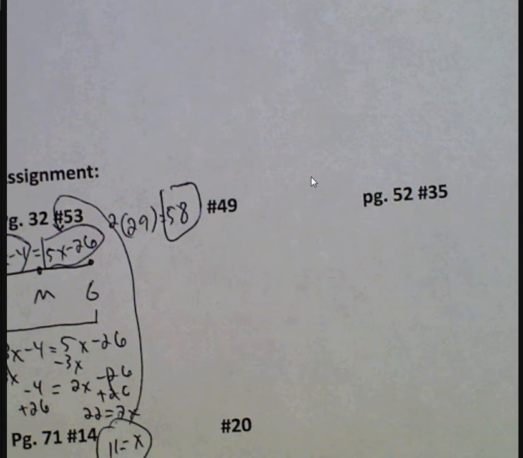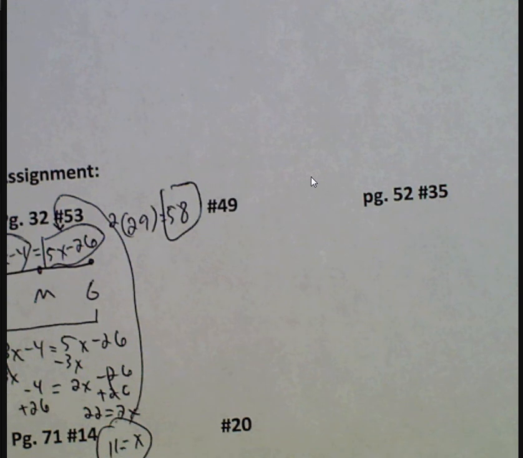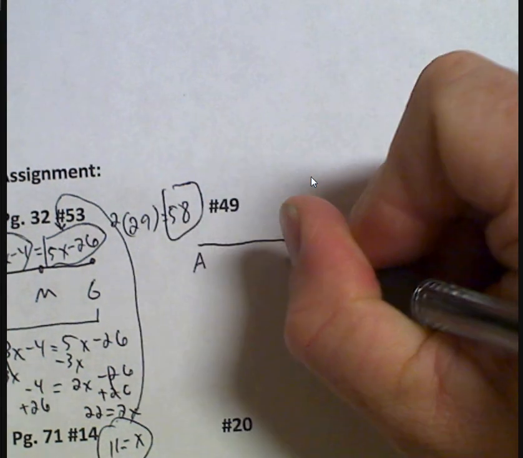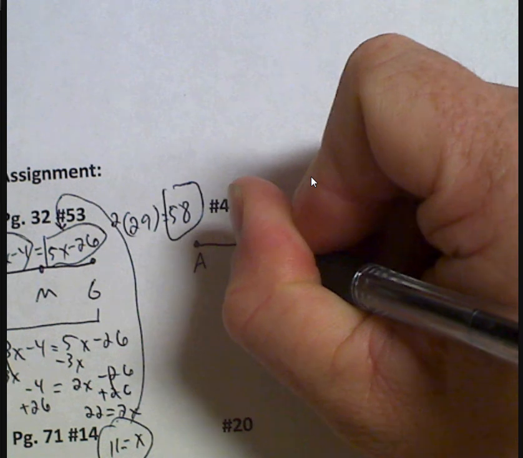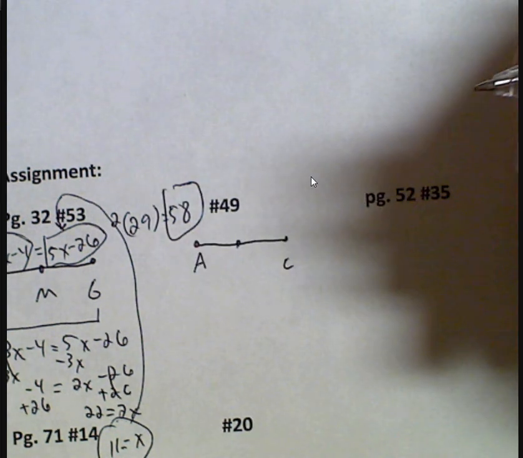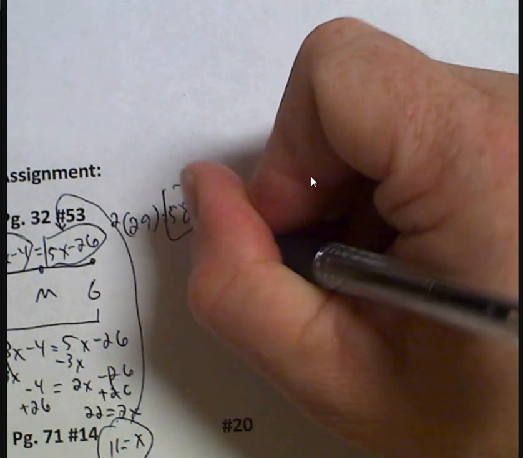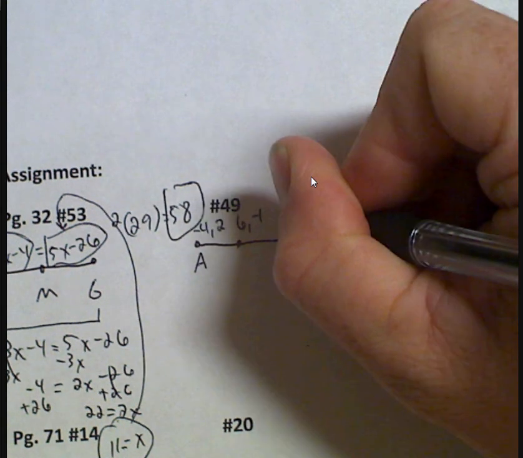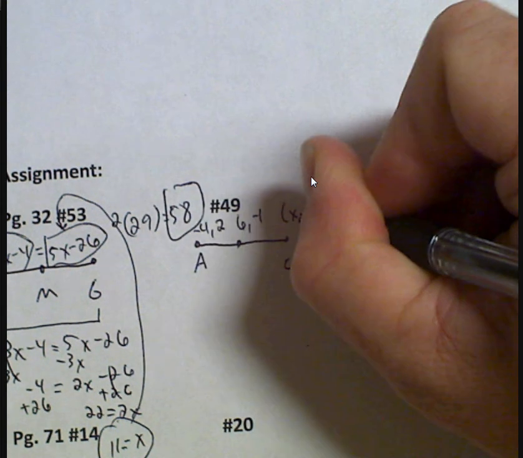Number 49. Find the coordinates of the missing endpoint if B is the midpoint of AC. So AC, B is the midpoint. So I have A at negative 4, 2, and B is 6, negative 1. C is x2, y2.